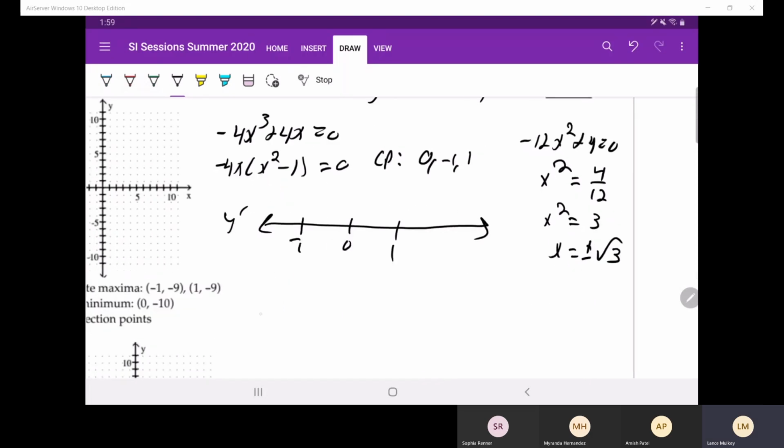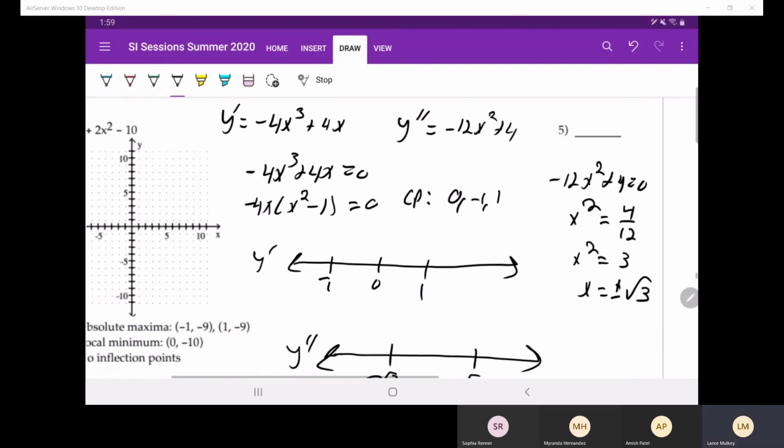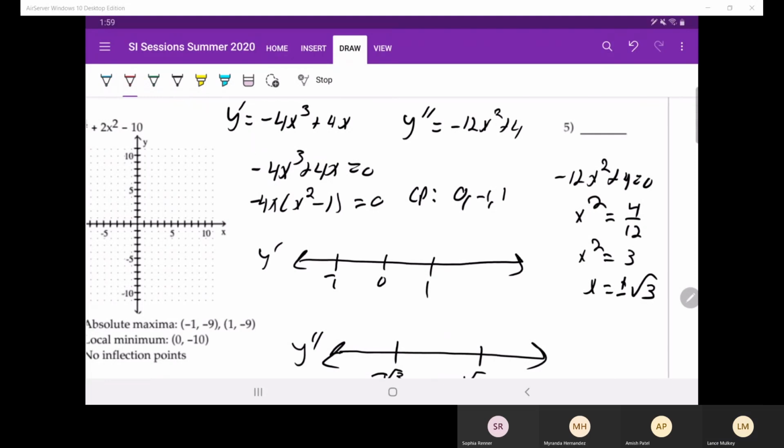So now we have y prime prime. All right, so for the first derivative, let's plug in -2. So a -4 times a -8 will give you +32 minus 8.